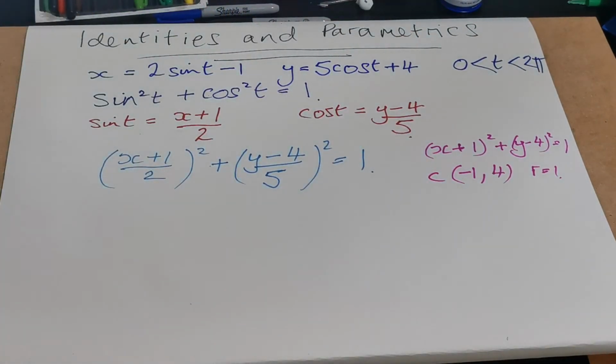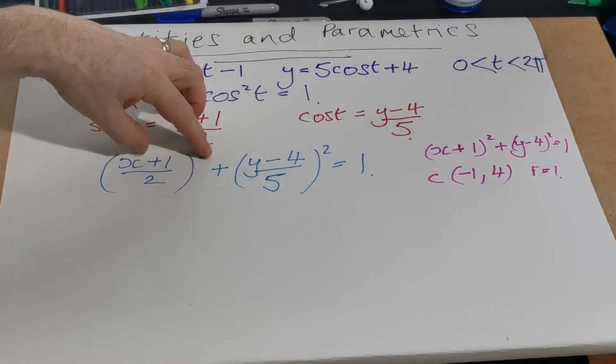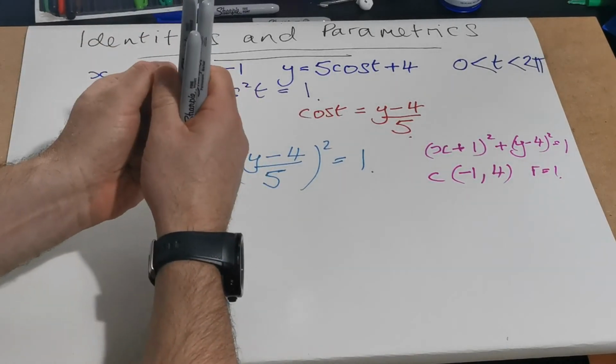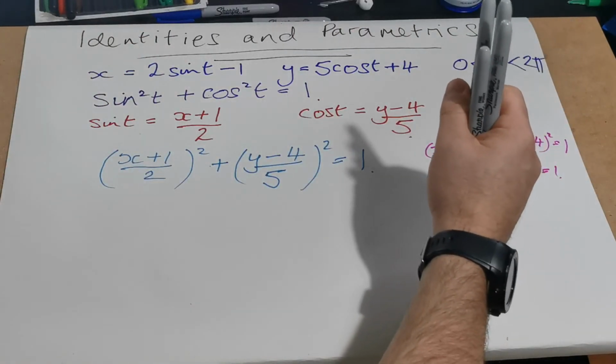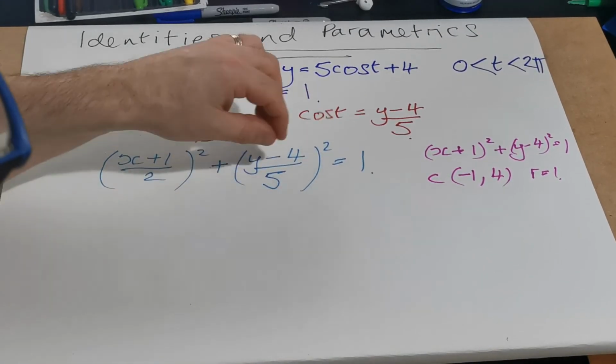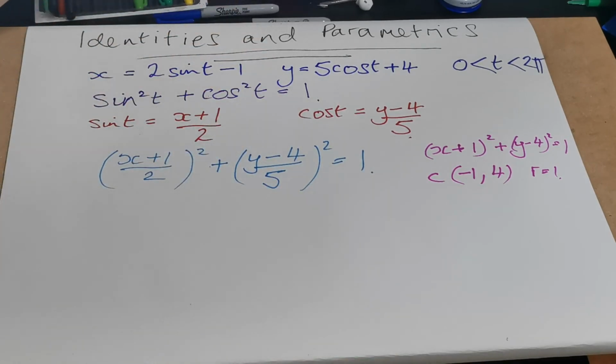Now if I start with that circle and then imagine inside this squared function I'm going to divide by 2, that will stretch it a scale factor 2 in the x direction, and within the y function I'm going to divide by 5, that'll stretch it a scale factor 5 in the y direction.